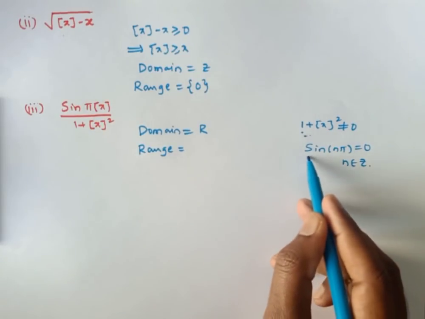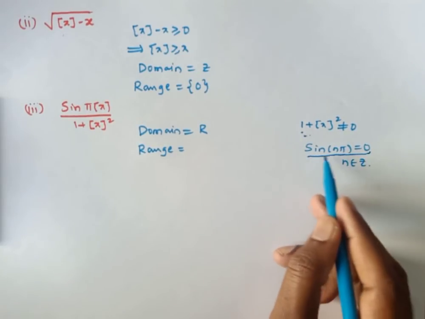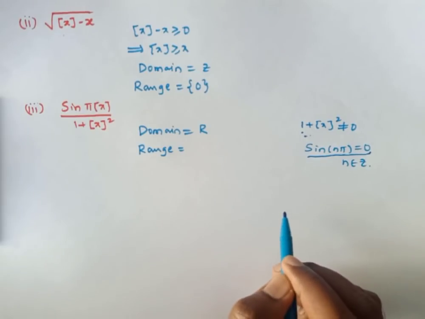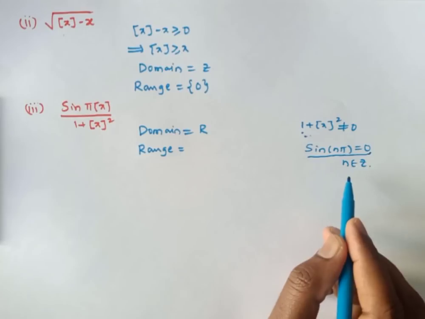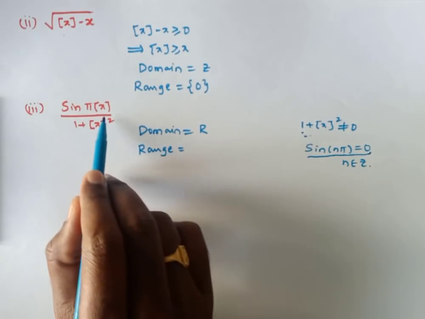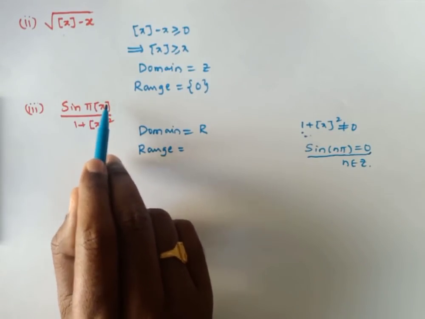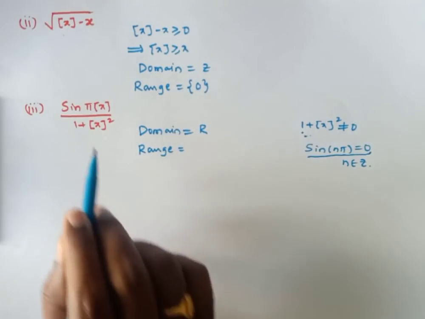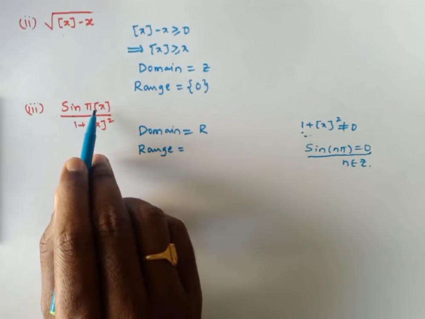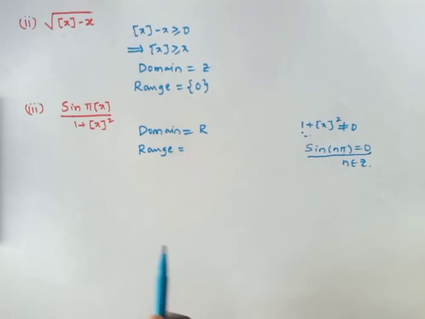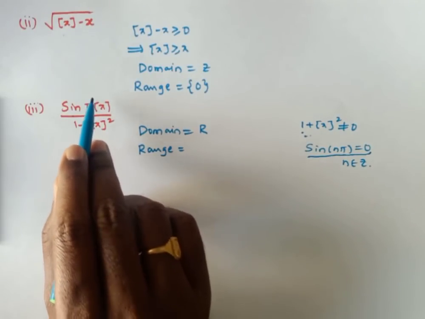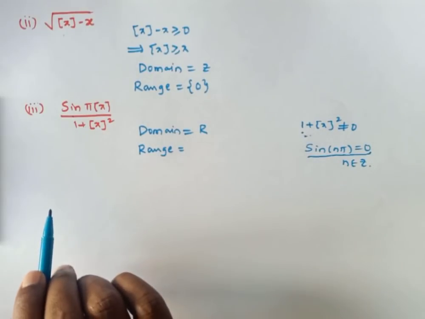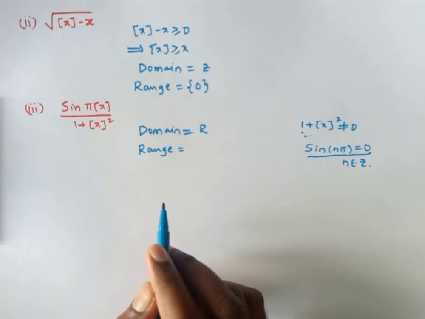Okay, so let's solve this equation in trigonometry. Remember here that sin of n pi equal to 0. So just remember this: sin of n pi is 0 for n an integer. Now x is any real number, then the step x defines an integer. So sin of integer into pi is always 0, which means the numerator part is always 0, whatever input x is given. So 0 divided by something is always 0.